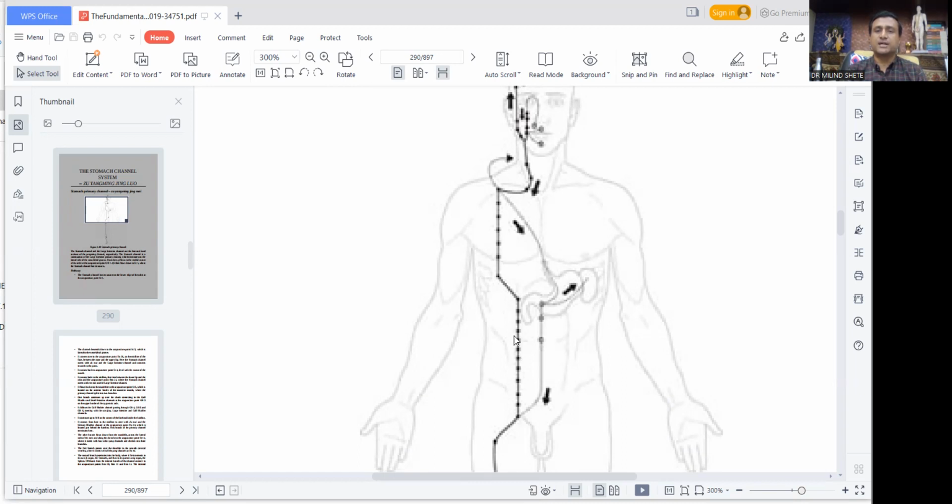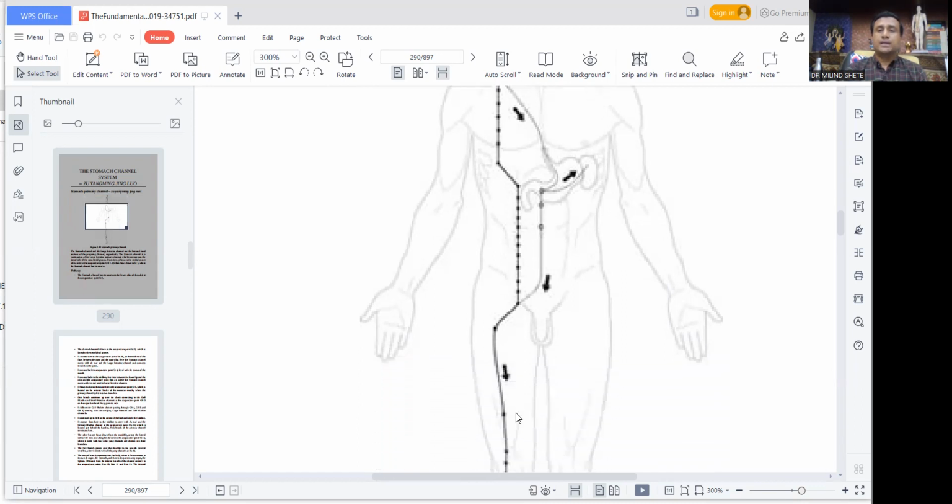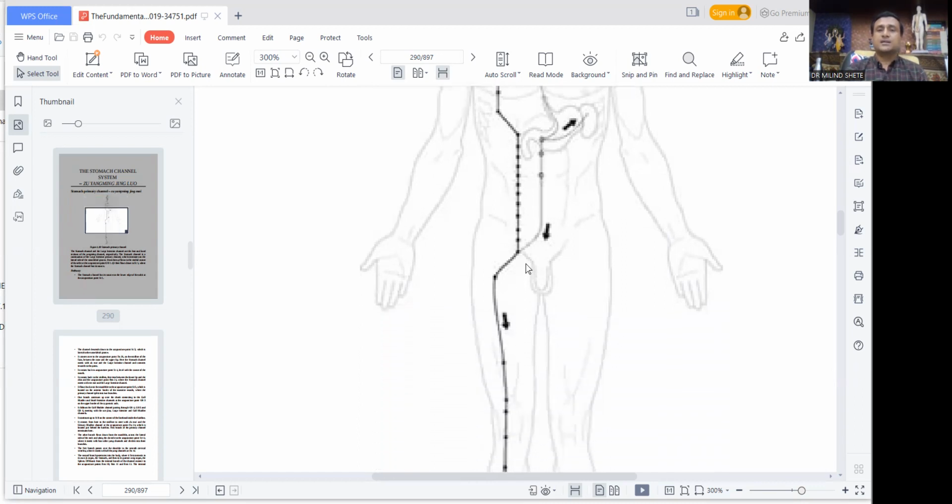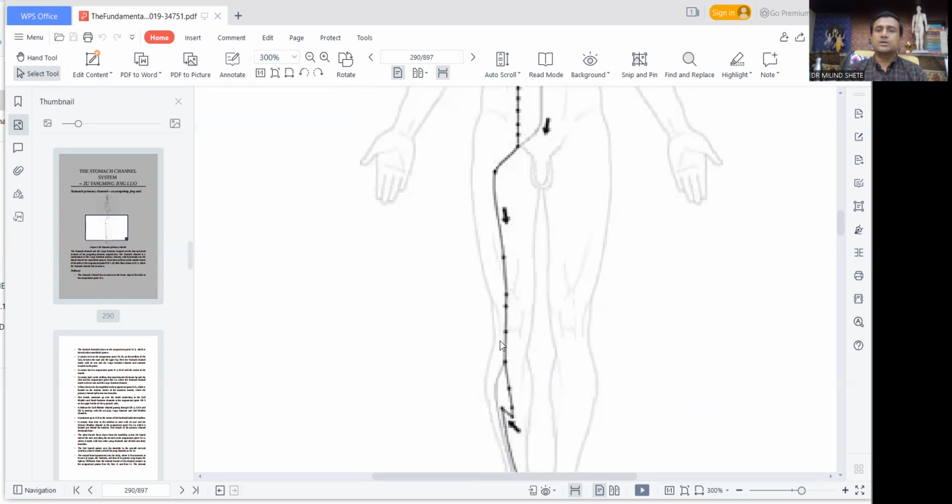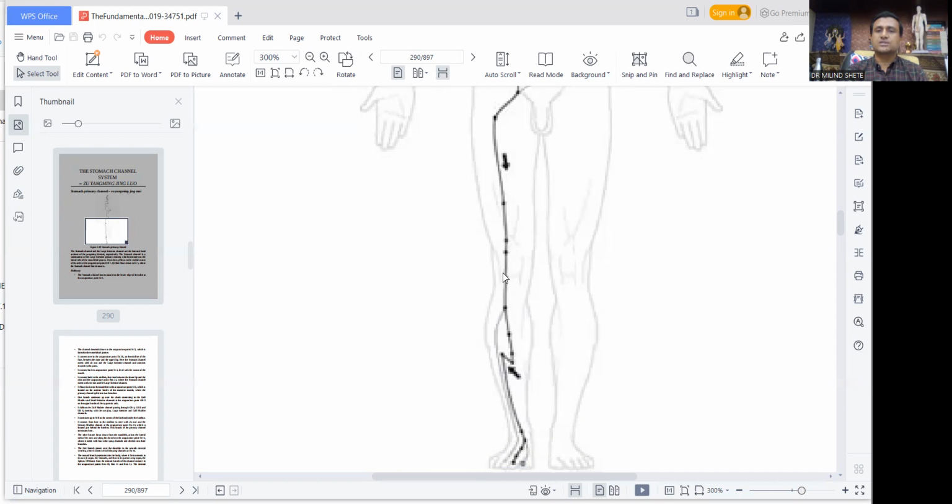And this superficial branch again goes up to the inguinal region straightaway and comes to the point ST30, from where the meridian goes a little laterally, and from the anterior aspect of the thigh, it crosses the knee joint.